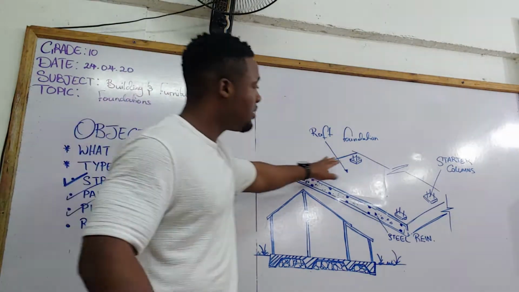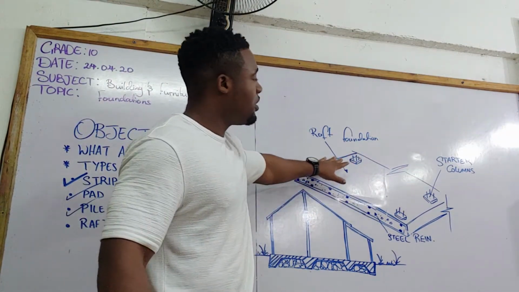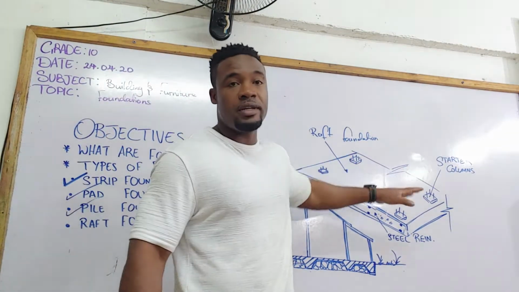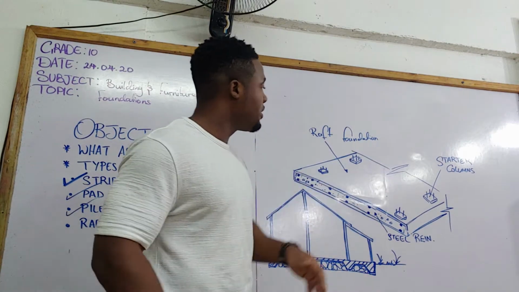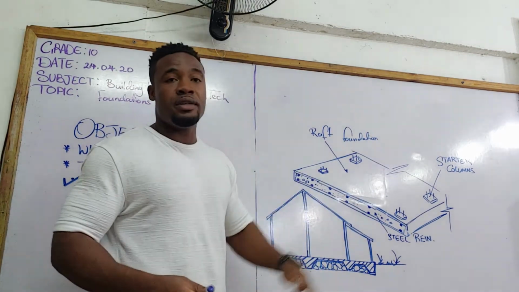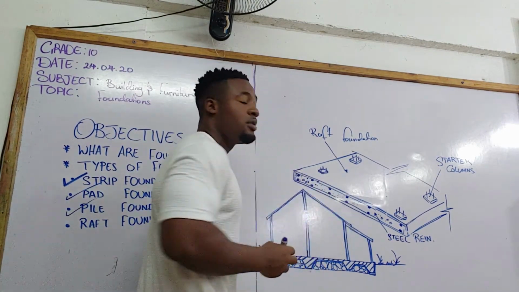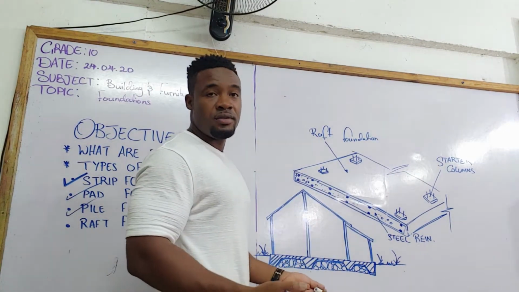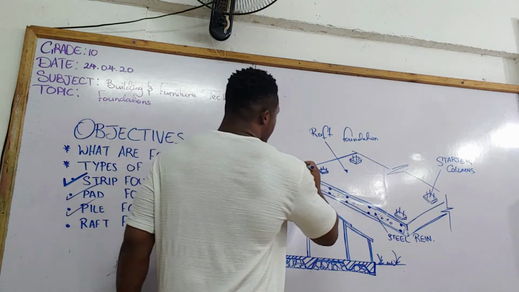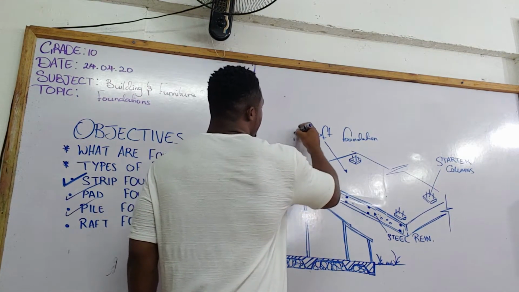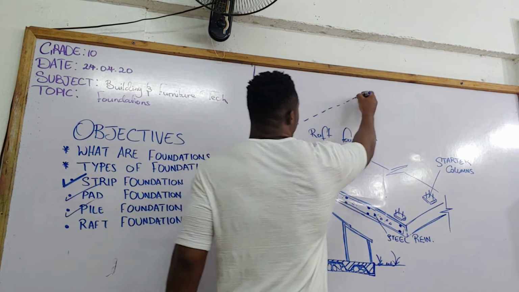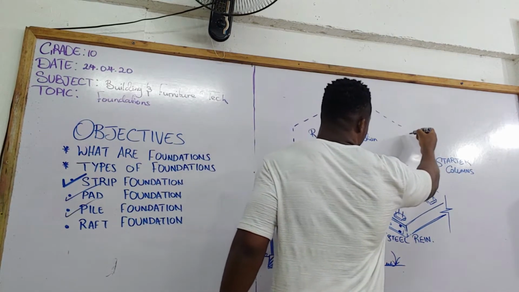So you see all of this would be what the house would be erected upon. Say for example, this is our completed raft foundation. This member right here would end up turning out to be your floor, right? So you could then just go ahead and erect your building upon this.